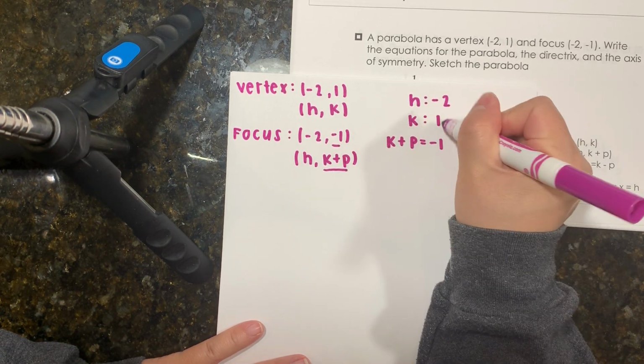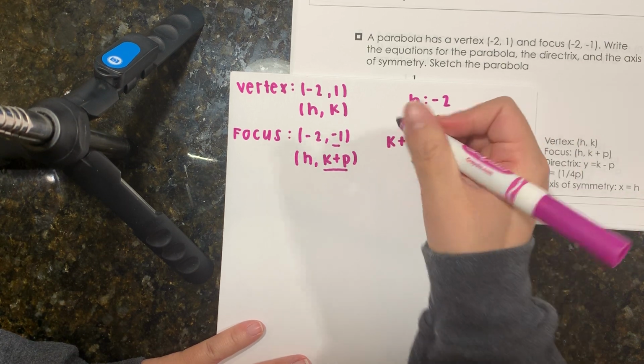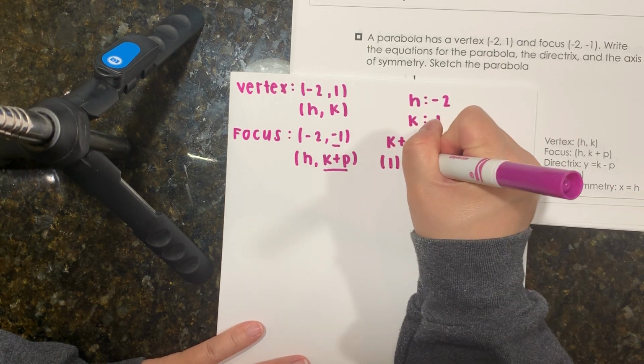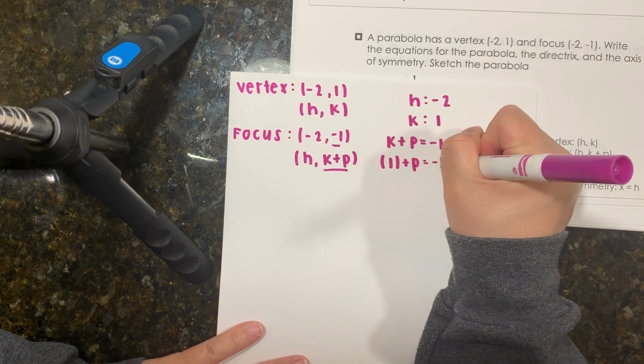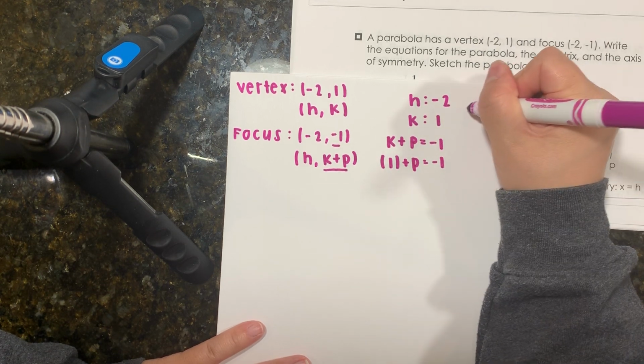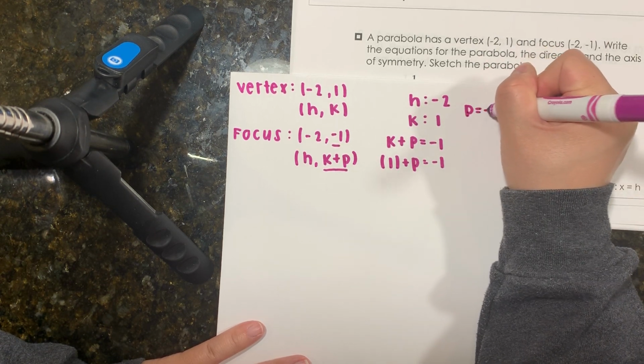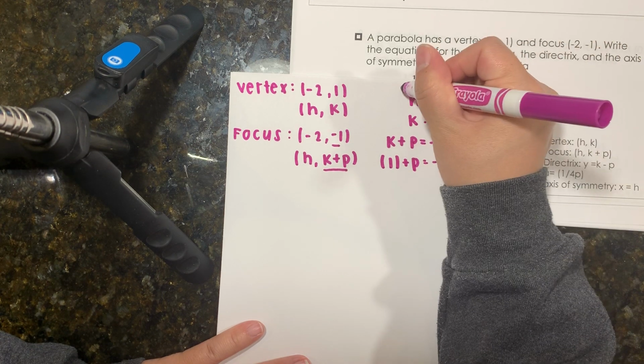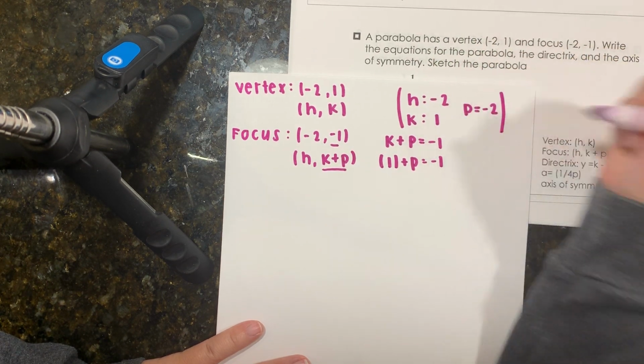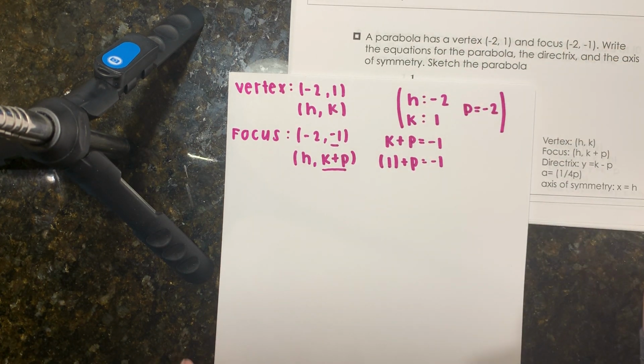Well, I already know that k is equal to 1, so I'm going to plug that in. 1 plus p is equal to -1, which means that p is going to be equal to -2.